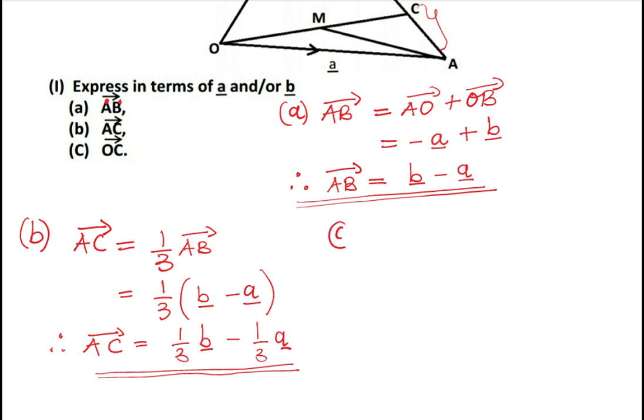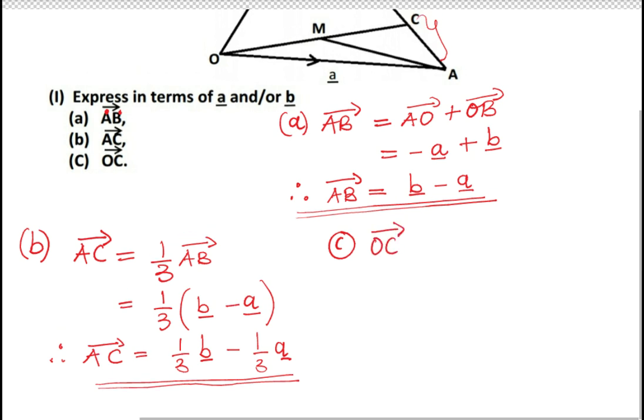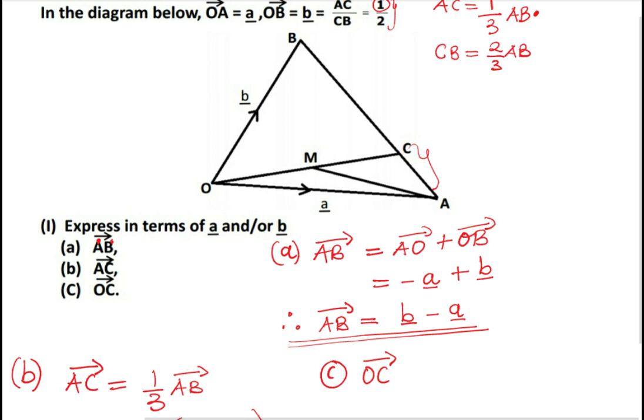Then, it's telling us to find OC. OC is this line up to there. We can find OC if we know OA and AC, or we can find OC if we know OB and BC.